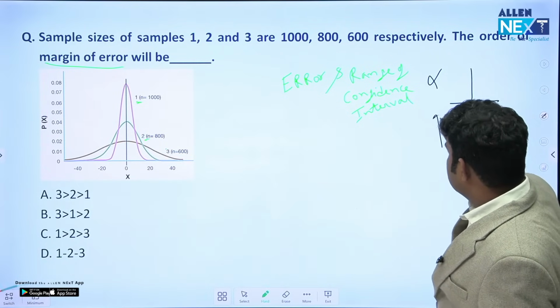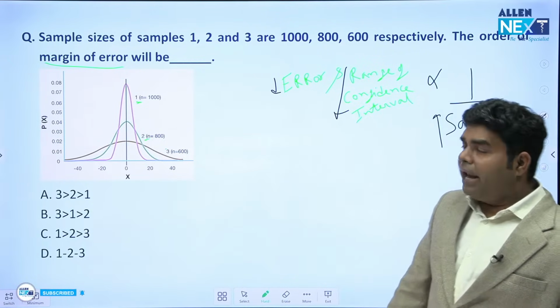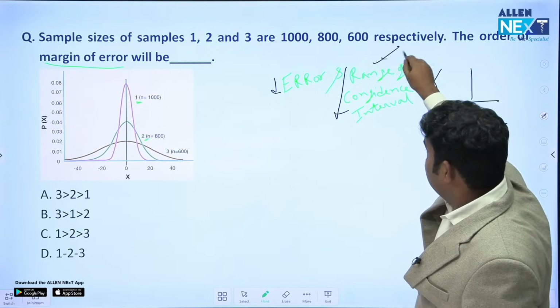If your sample size is more, error will be less and range of confidence interval will also be less. This was a question in a recent exam, do remember it.